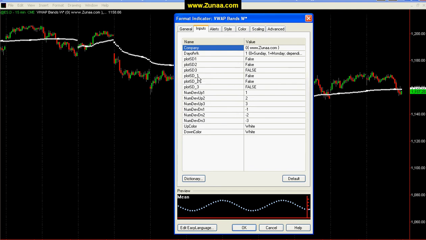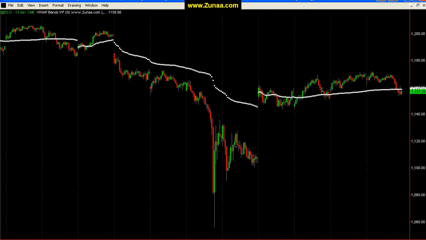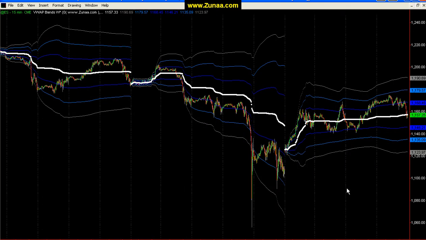So that's pretty much your standard deviation bands. Just enter true for whichever one you want to have plotted, and you can control the deviation numbers. I have my colors set to white and white. You can have white for up and a different color for down if you choose to.